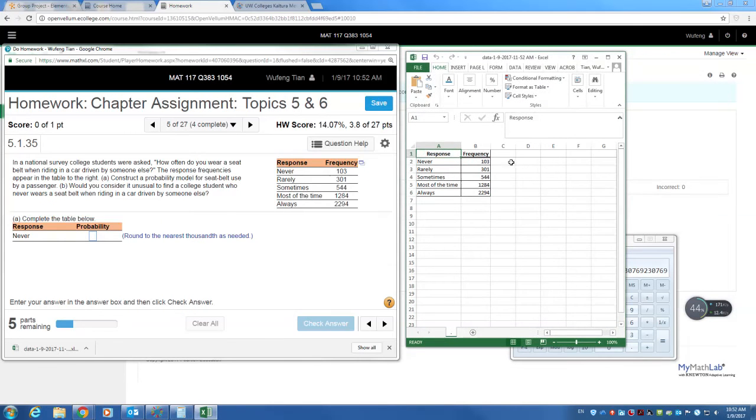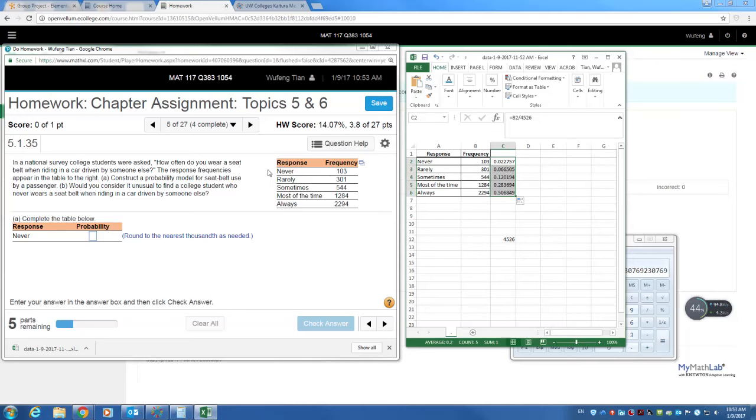Okay, so 103, the total summation is 4,526. Let's just put it here, equals this B2 divided by 4,526. That's the total. Okay, so I drag this down.